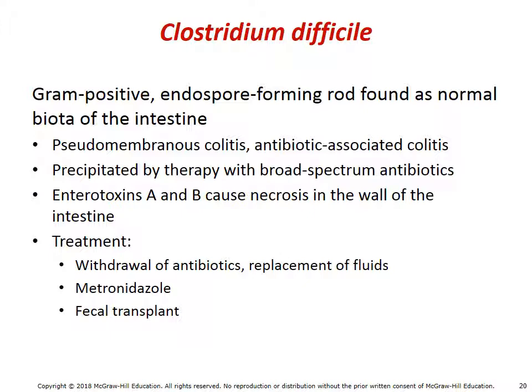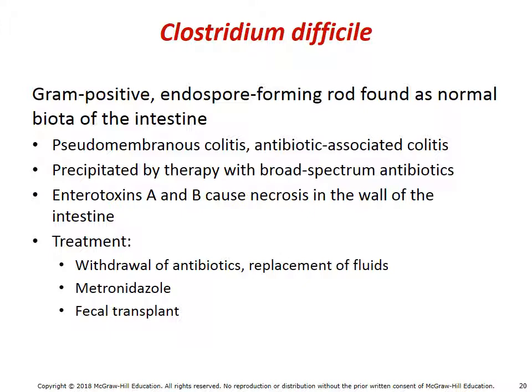Again, the competition is what usually keeps C. diff levels low, and so whenever we lose competition in the gastrointestinal tract, now we see cases of pseudomembranous colitis develop. There are two major toxins that actually cause most of the problems here. Enterotoxins A and B, which will often cause serious damage to the cells that line the intestinal tract, including necrosis or death of those cells.